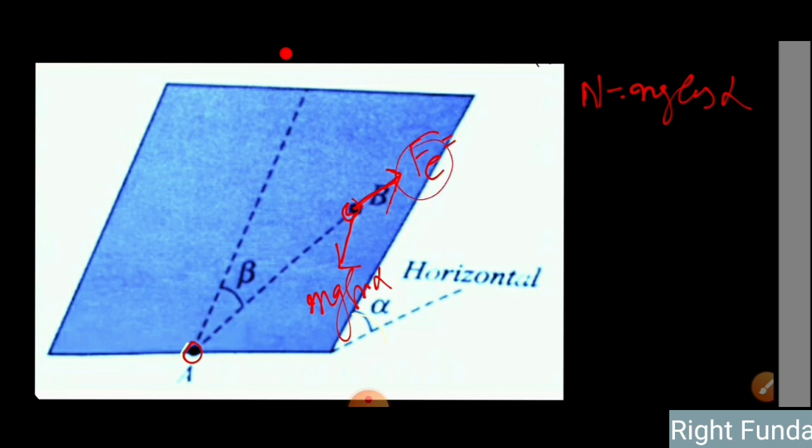So we want to find the resultant of these two forces. Suppose the resultant is like this, then the friction force will act opposite to it. The friction force should be less than or equal to mu N, that is mu mg cos alpha, and from that we could have solved.